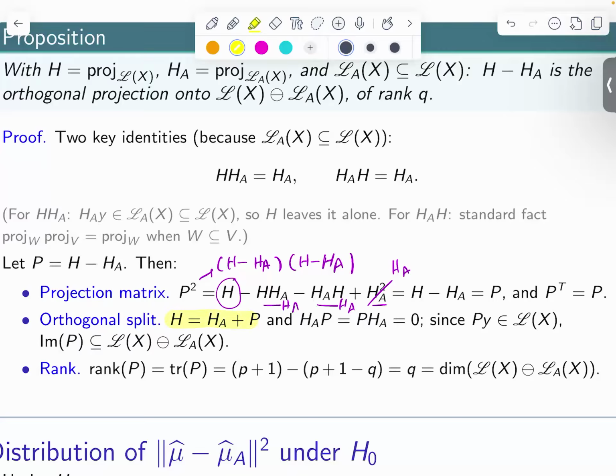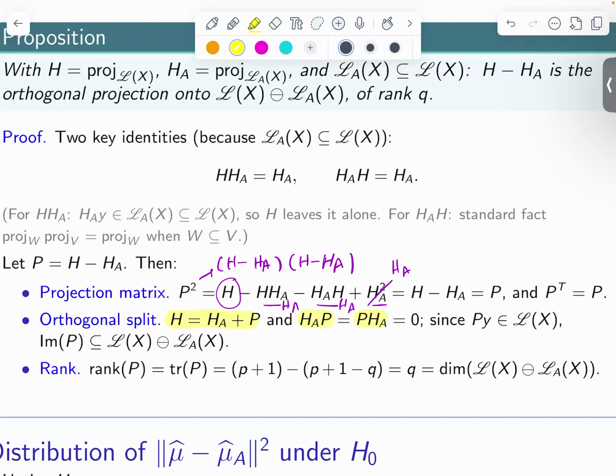I can write H as HA plus P. This is from the definition of P. And I notice that HA times P is equal to P times HA is equal to 0. These two matrices are not orthogonal, but when you multiply them, you get 0.